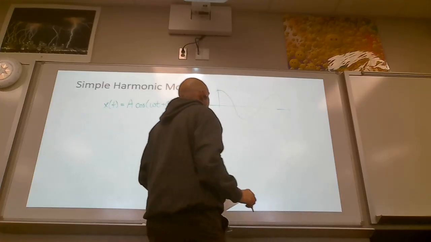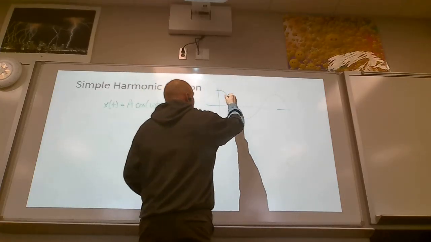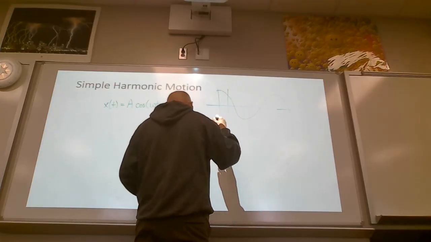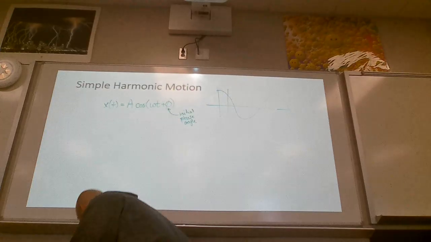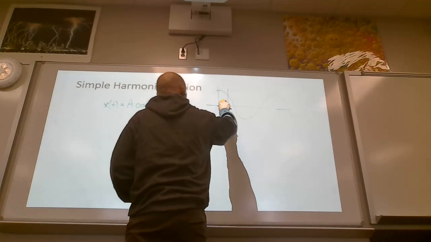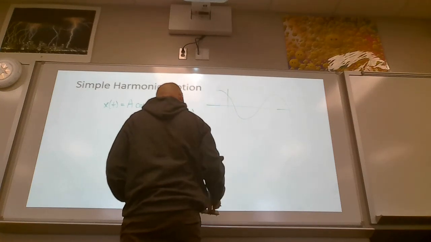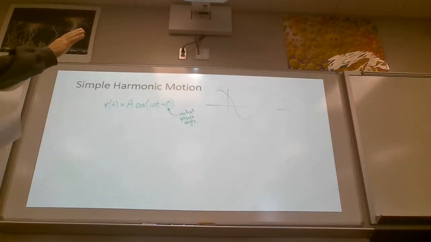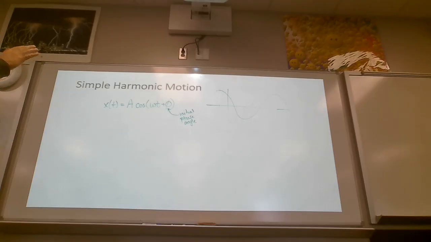So you have a cosine graph. If the y-axis was there, your phase angle, I forget how this works. If you shifted that this way, I think you're adding, you'd have a positive phase angle of like pi over 4 or something like that.